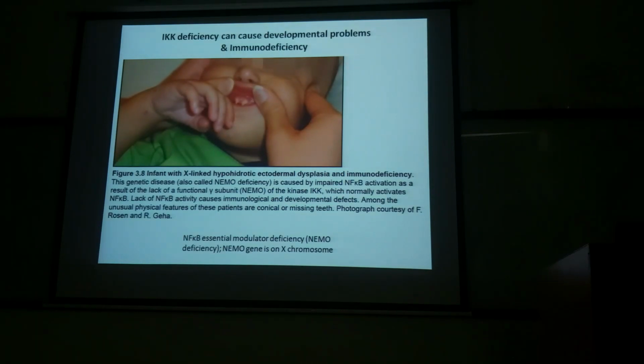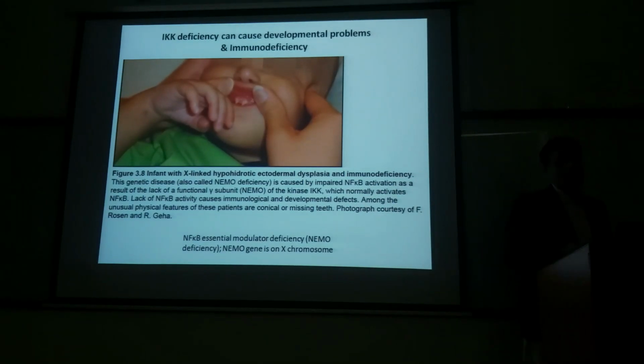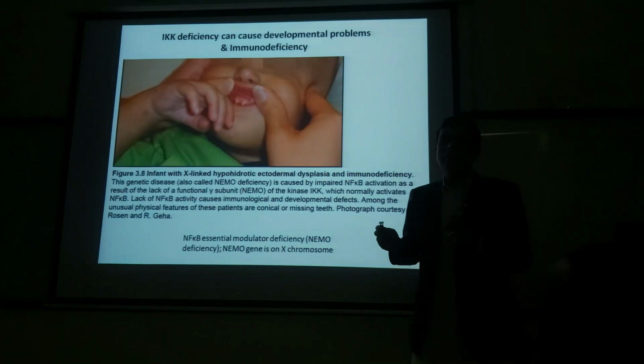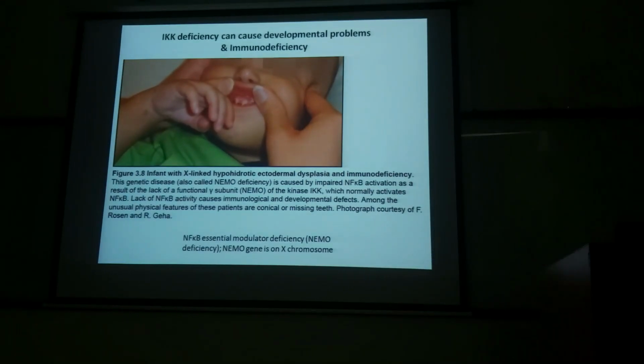So what do you guess? What would happen to that individual? Immunodeficiency. This individual is going to be very prone to gram-negative bacterial infections, and these infections can be life-threatening in people who are suffering from NEMO.